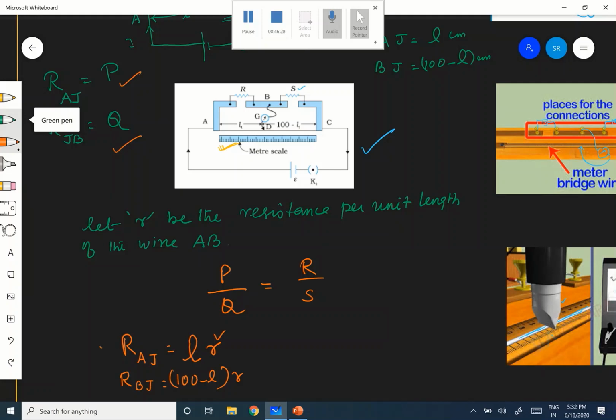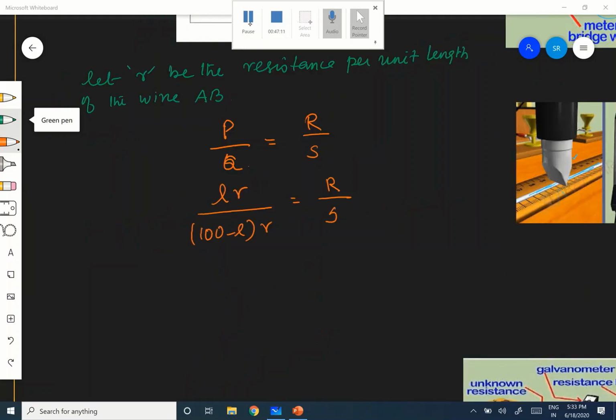Once you know R_AJ and R_BJ, you can apply P by Q equal to R by S. P is L into R, and Q is (100 minus L) into R, and that is nothing but R by S. The R will get cancelled, so you get R by S equal to L by (100 minus L).